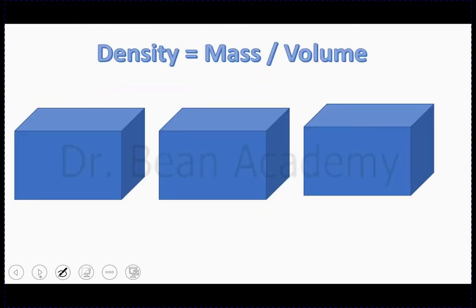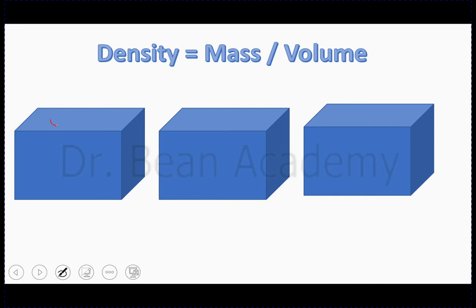The next quantity which will help us to solve that problem is density. Density equals mass per unit volume. So density tells us how a certain mass of something is packed into a volume.